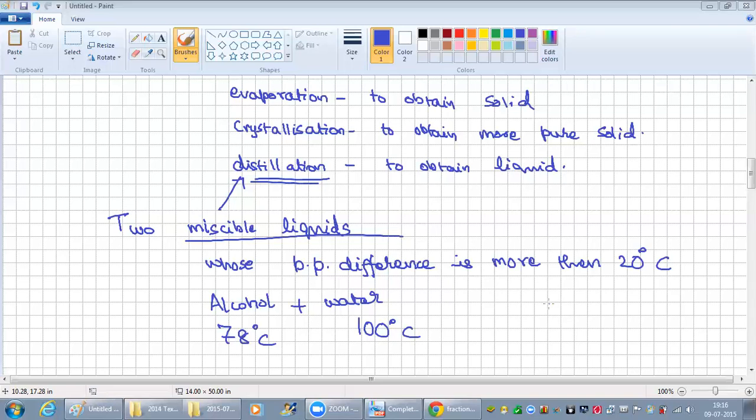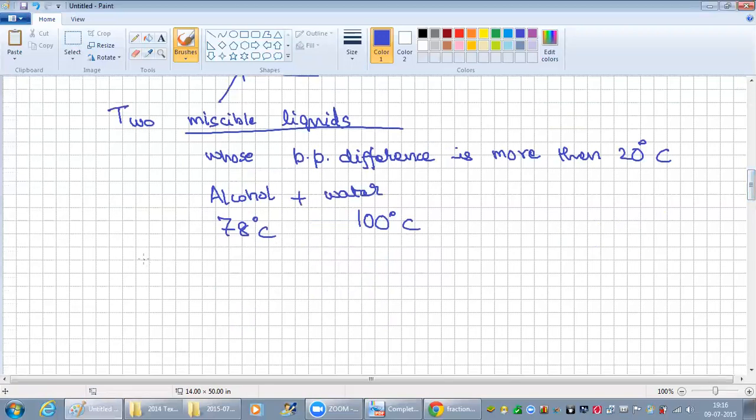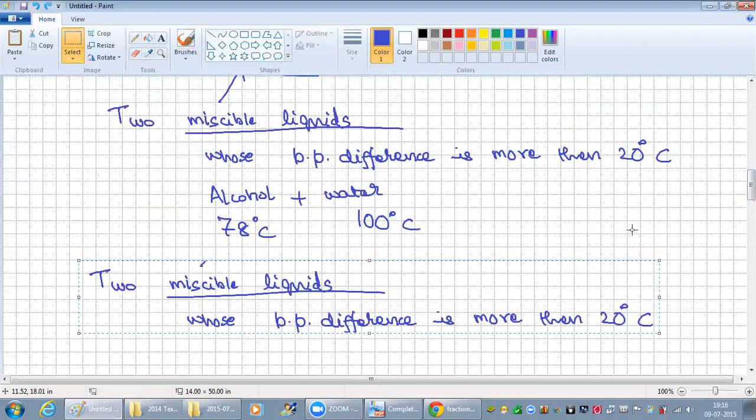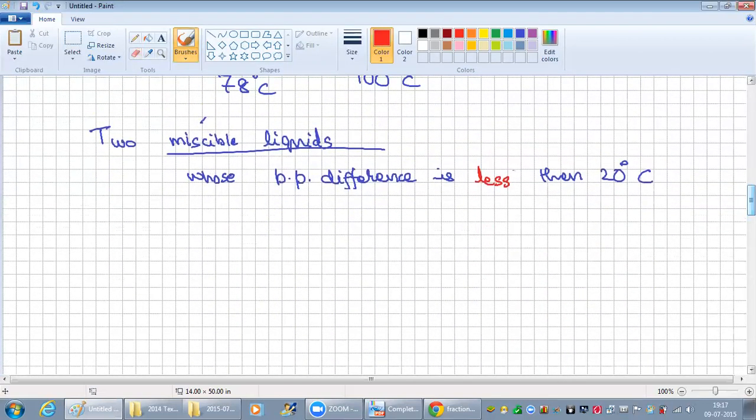Next part. Okay, if the two liquids are having boiling point difference less than 20 degrees Celsius, so two liquids whose boiling point difference is less than 20 degrees Celsius, the method that is used over here is fractional distillation.